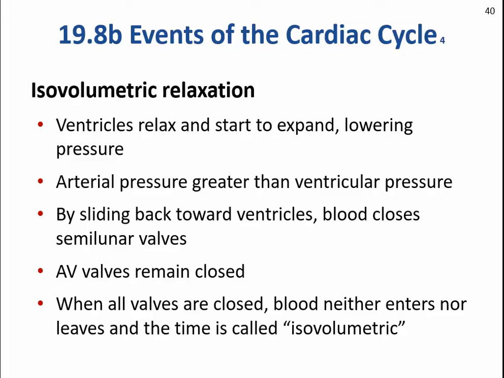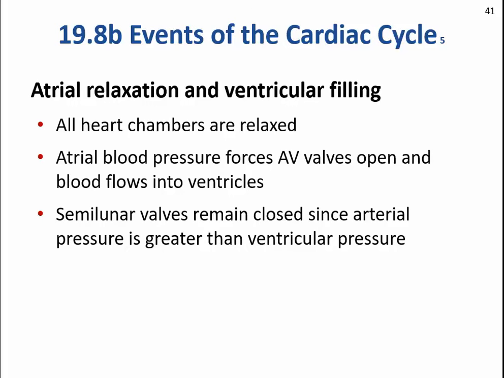But the pressure is dropping, so we call this isovolumetric relaxation. And then the valves open, everything is relaxed, and the blood flows, and we start again for the next heartbeat.